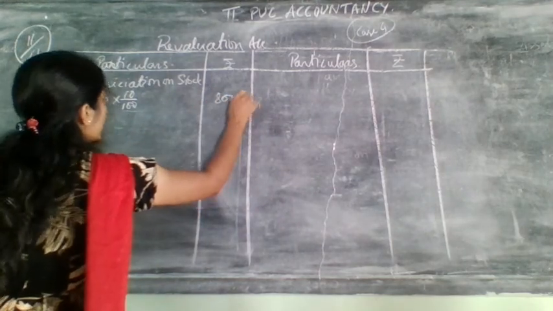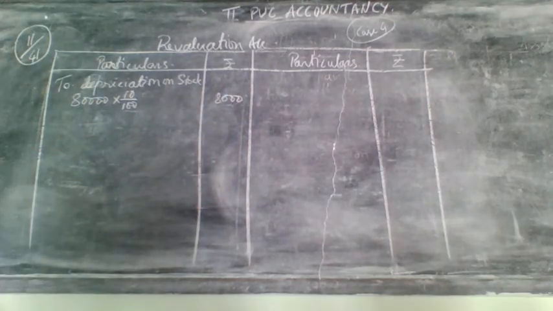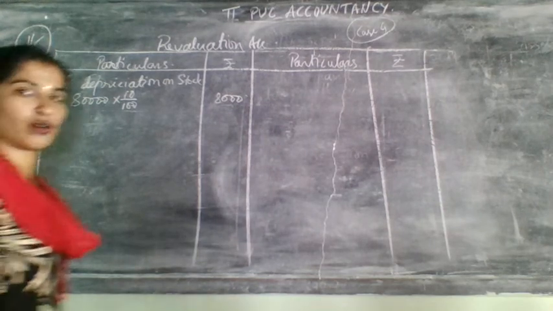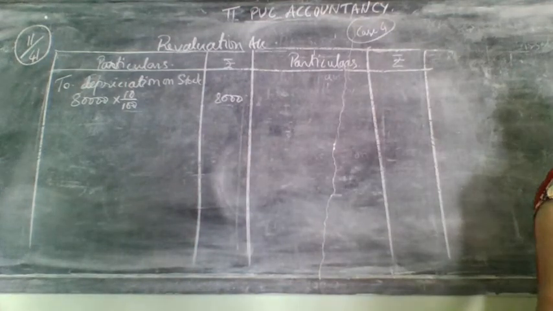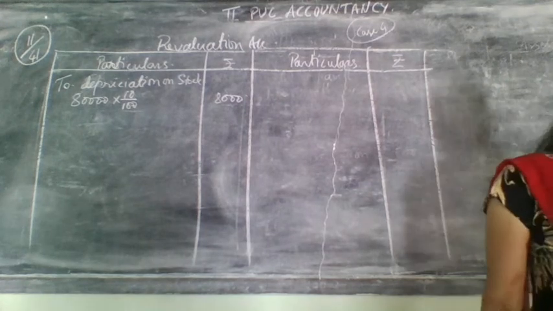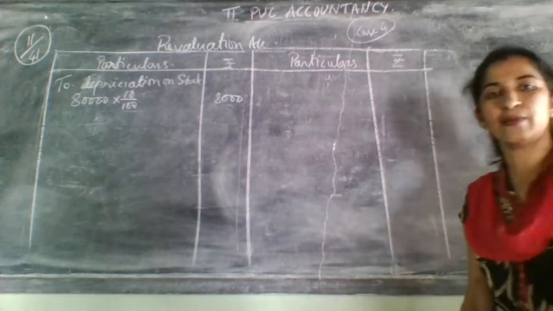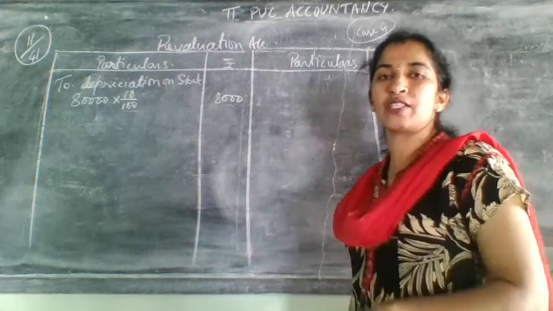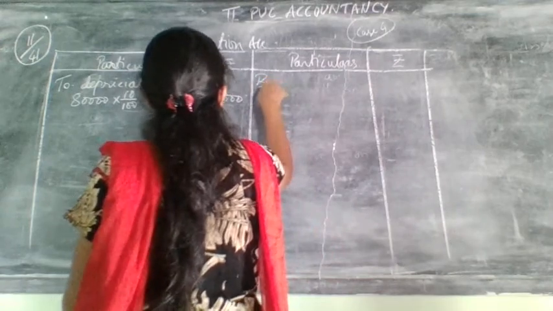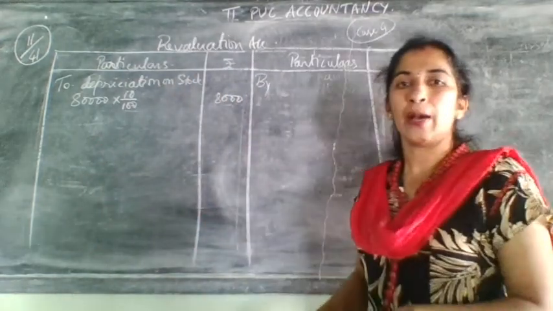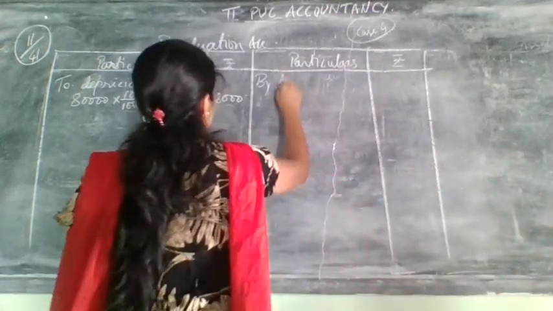Write it here on the debit side of the revaluation account. Next, one more part is given there, that is increase building to 69,000. Increase means increase in the value of the asset, that will come on which side? Credit side. So right, increase is nothing but appreciation.